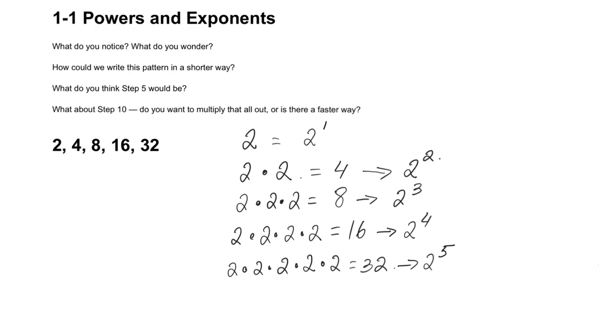this way, right? But let's try and understand what each component is in here, each part of this. So let's say if we're saying 2 raised to the fifth power, we're simply saying that 2, our base, is the number that's being multiplied, and then the 5 is our exponent.